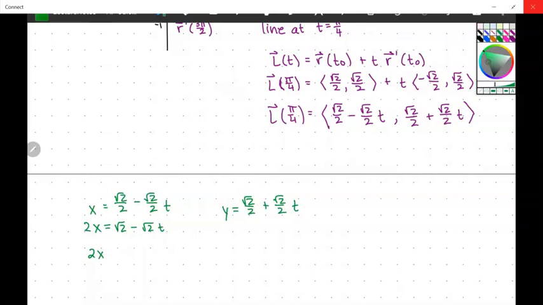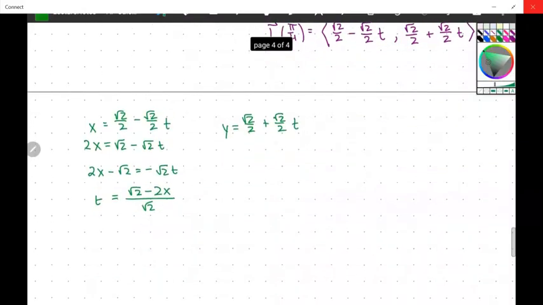So 2x minus root 2 equals negative root 2t. If we solve for t, it's root 2 minus 2x over root 2. So we're eliminating the parameter.